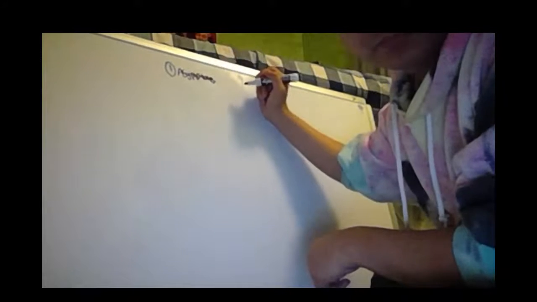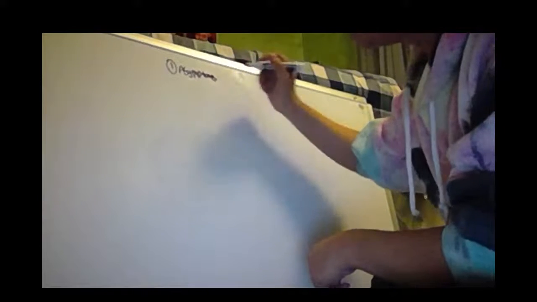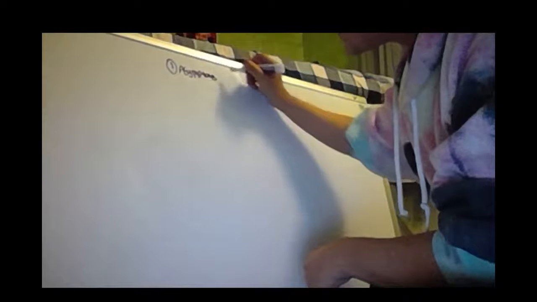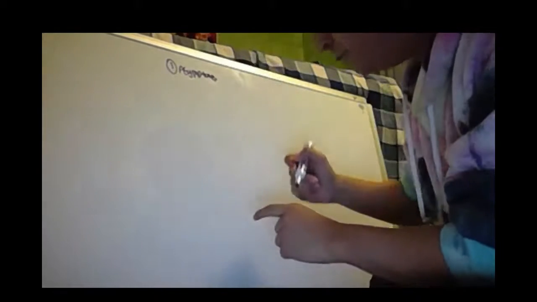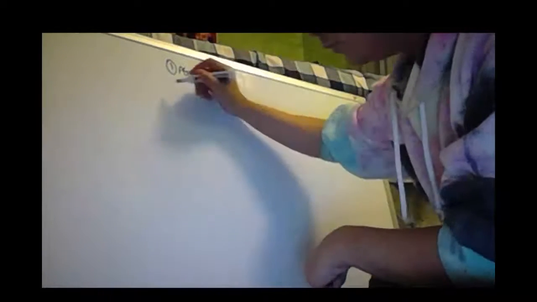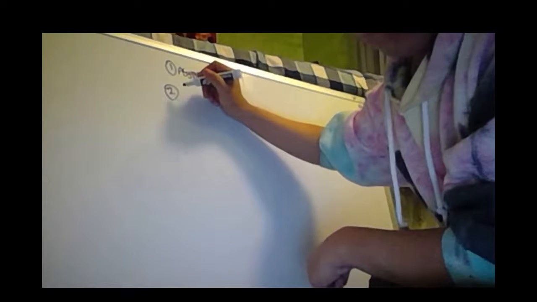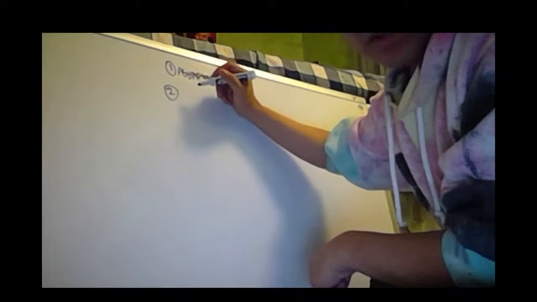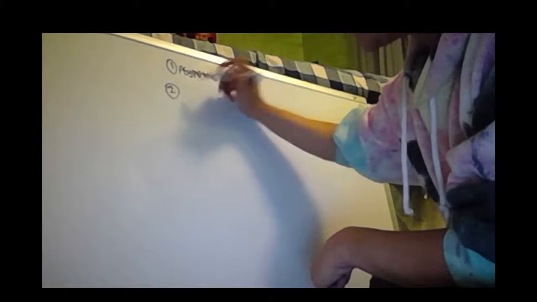That's the first thing that we went over. And this is just going to be a list of what we already covered. So, number two, we went over asymptotes.